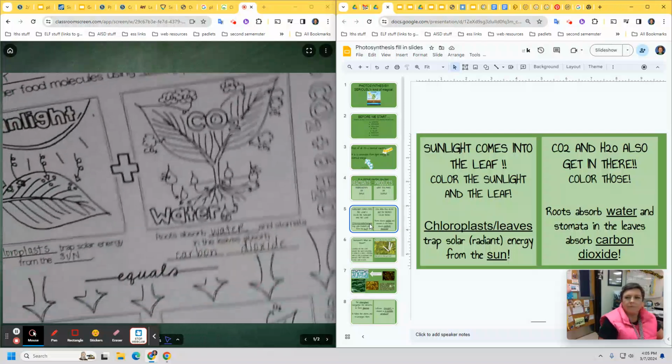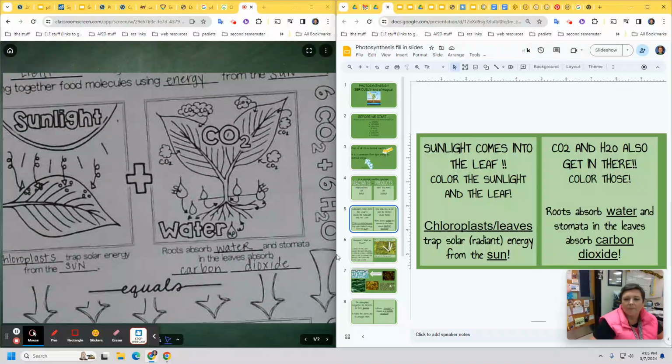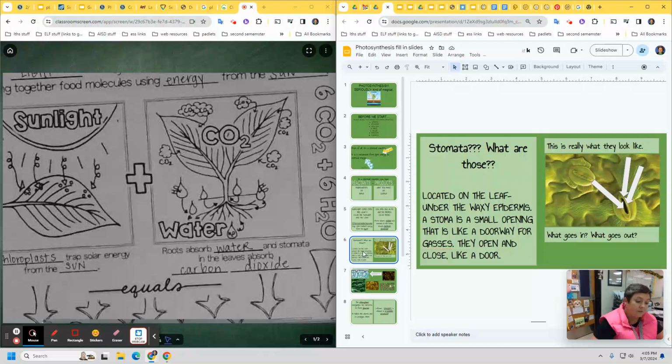All right. Okay, so stomata, you guys already know what stomata are. They are underneath the leaf, under the waxy epidermis. A stoma is an opening that's like a doorway for gases.